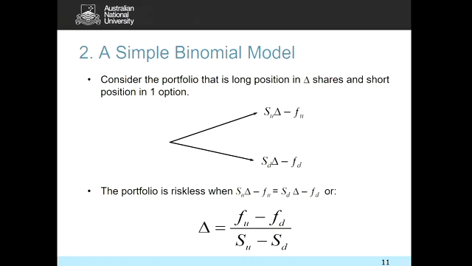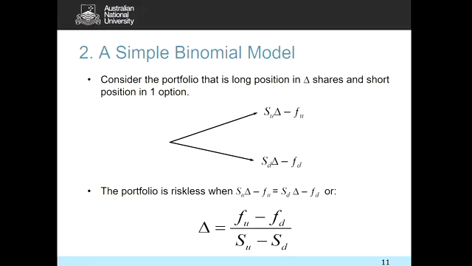Then what did we do? Same as before, we're going to be short one call option and we're going to own delta shares. We have to solve for that. Like it was before, remember it was 22 times delta. Now we just say SU, the spot price if I go up, multiplied by delta, the number of shares I own, minus FU, the payoff if I go up the tree, which was $1 before.